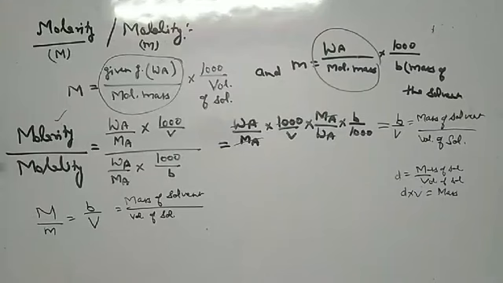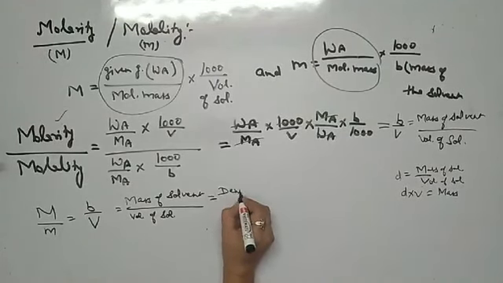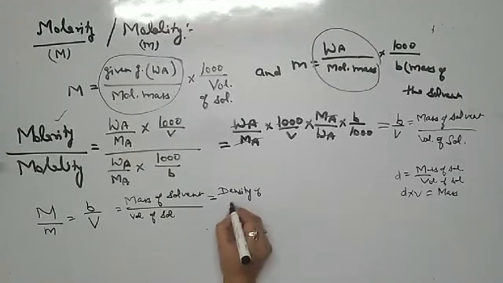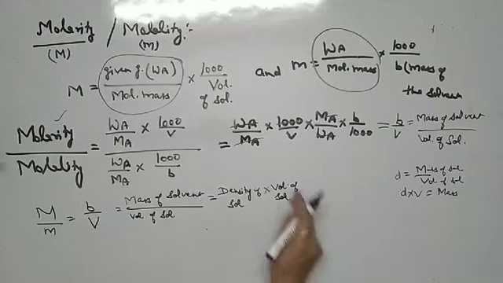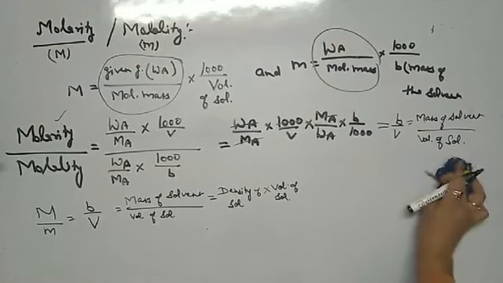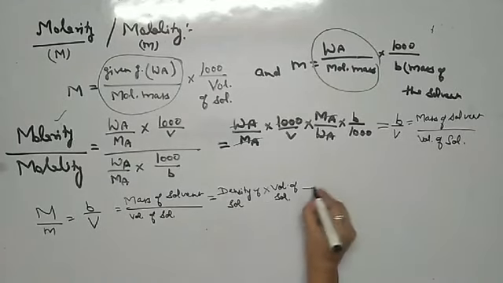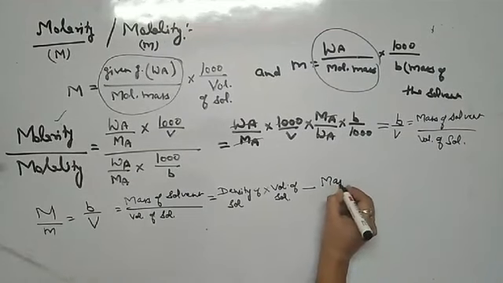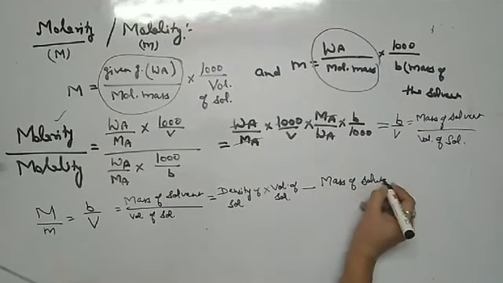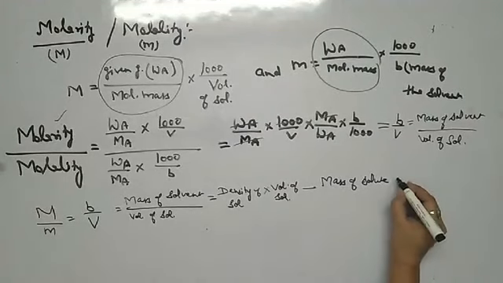So how can we find the mass of the solvent? It will be equal to the total density of the solution into volume of solution, so that we find the mass of the solution. And out of that mass you deduct the mass of solute, that is moles of solute into molar mass of the solute.